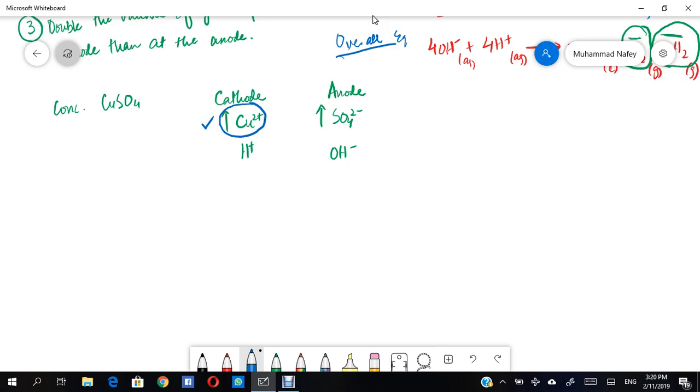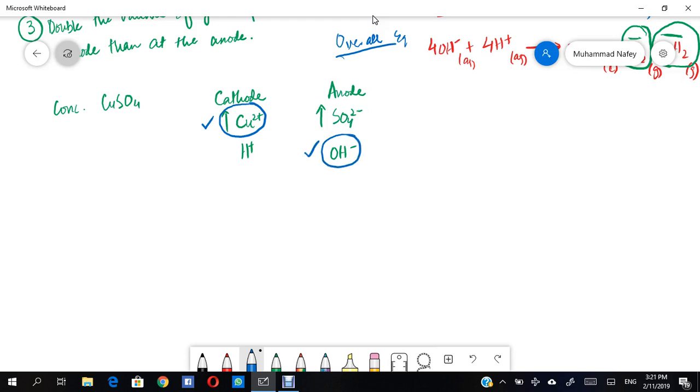And at the anode, sulfate ions should be discharged if the gap between the sulfate ions and the hydroxide ions is 3 or less. But because the gap between sulfate and hydroxide ions is greater than 3, the ion lower in the reactivity series will be discharged, and that is hydroxide.